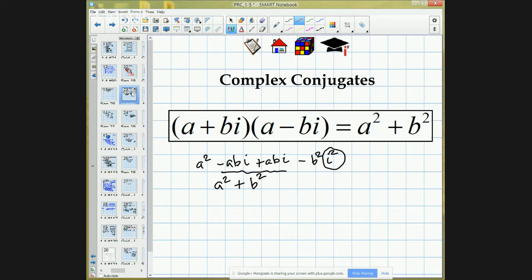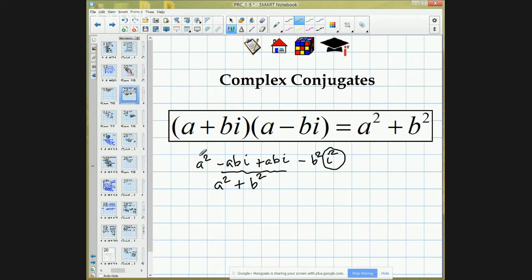So here I have two complex conjugates, a plus bi, a minus bi. You could say we actually do get the difference of two squares, but the last square, b squared, you're going to have an i squared in there, and what is i squared equal to? Negative 1. And what happens when you subtract a negative 1? You actually wind up adding it.